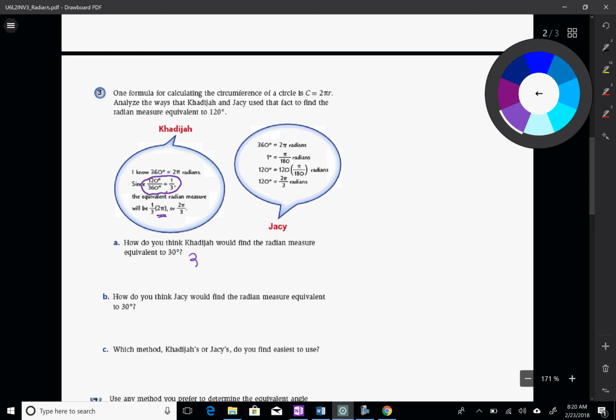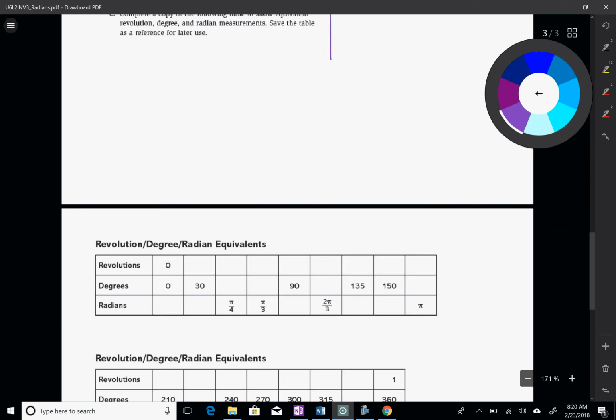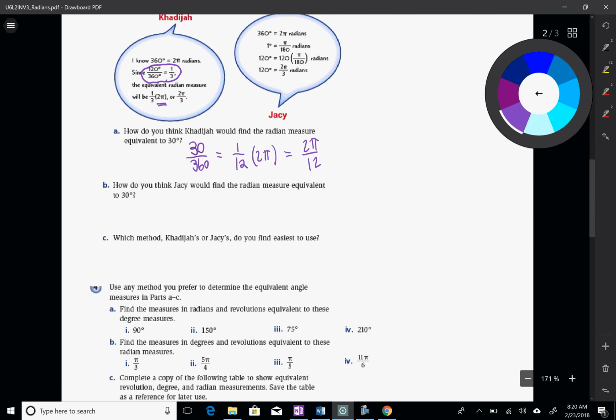So for 30 degrees, she would do 30 out of 360, which is 1/12, and multiply that times 2 pi. She'd get 2 pi over 12, which we can simplify to 1 pi over 6, which I just write as pi over 6 because the 1 is implied. We don't need to write it. And that's how Khadija would do it.